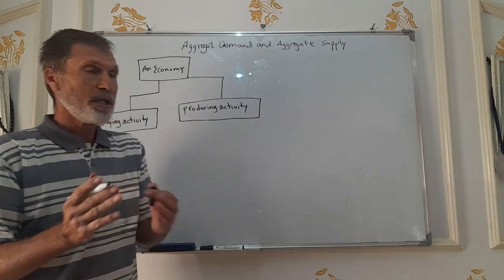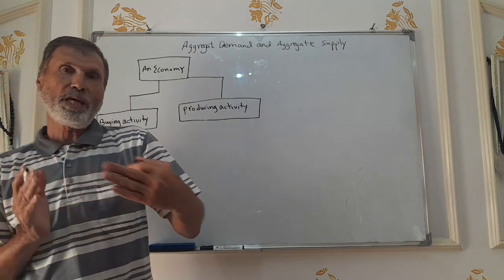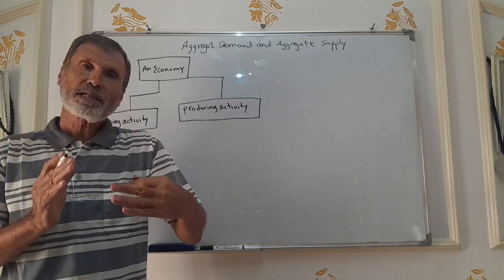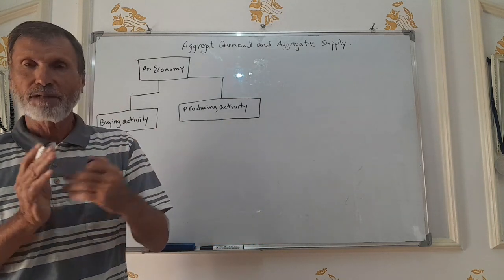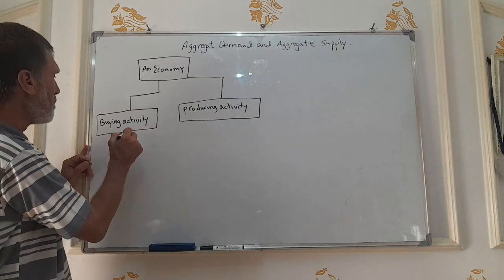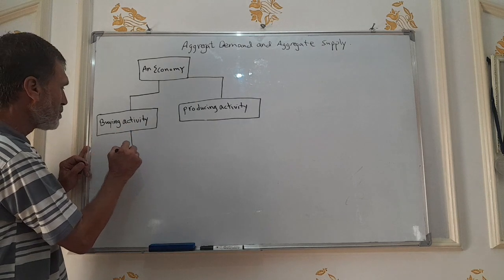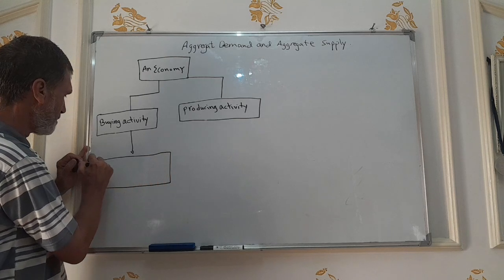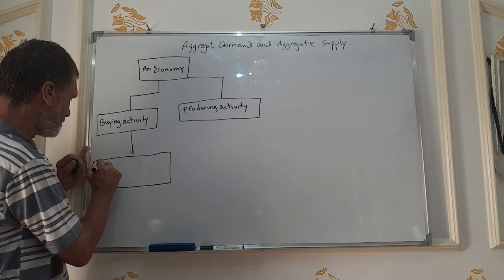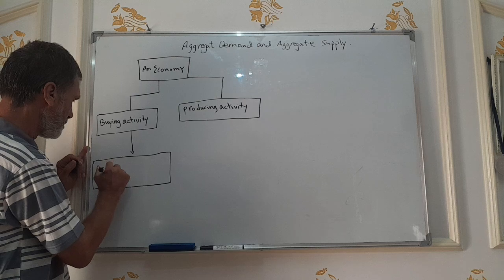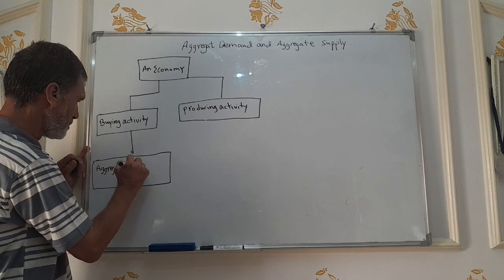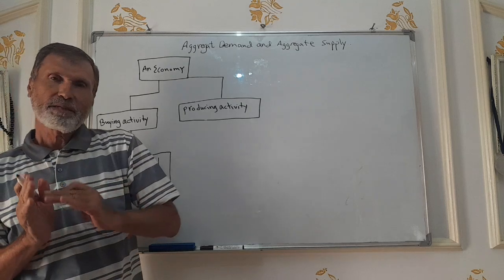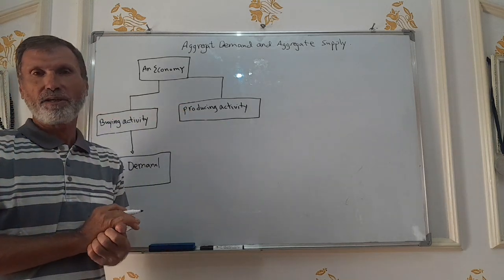So when economists speak about the aggregate demand, they are basically speaking about what? About the buying activity. So when we say buying activity, we mean the aggregate demand. So aggregate demand is the buying activity in the economy.